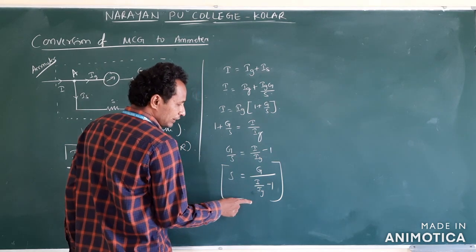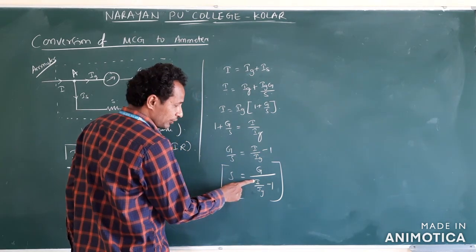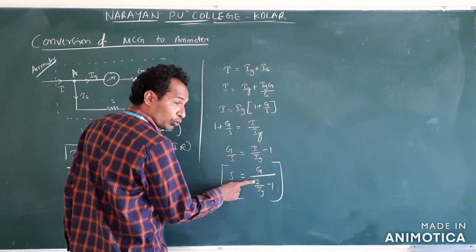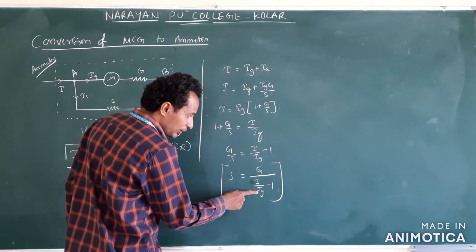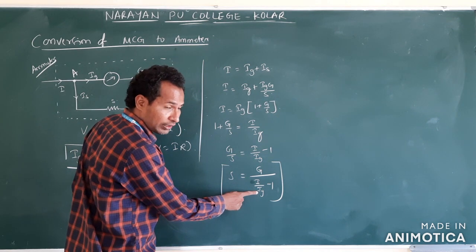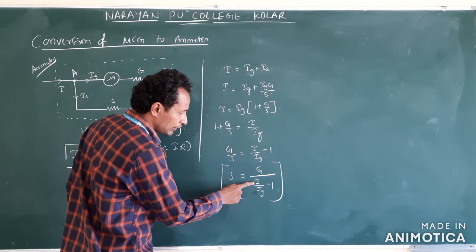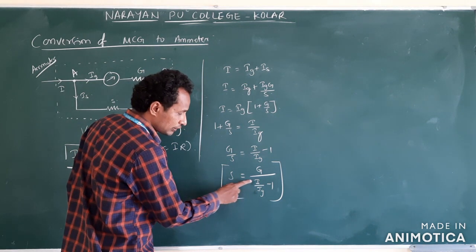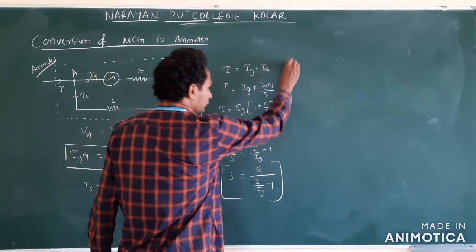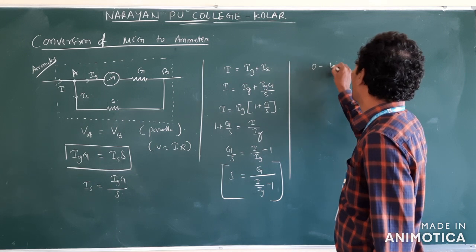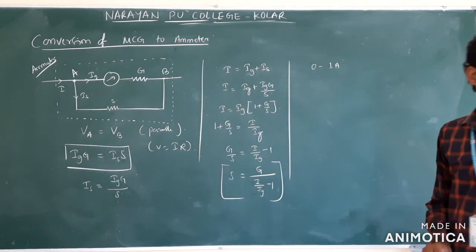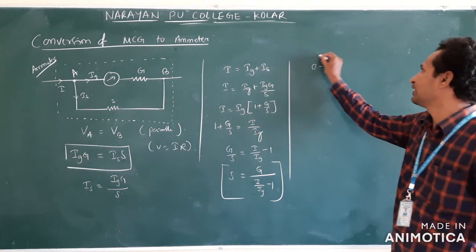Galvanometer current Ig, new current measurement. Clear? This is Ig, the old current, and I is the new current measurement. Substitute Ig, we will get the S value. Suppose the galvanometer is measuring 0 to 1 ampere. Clear? 0 to 1 ampere initially.